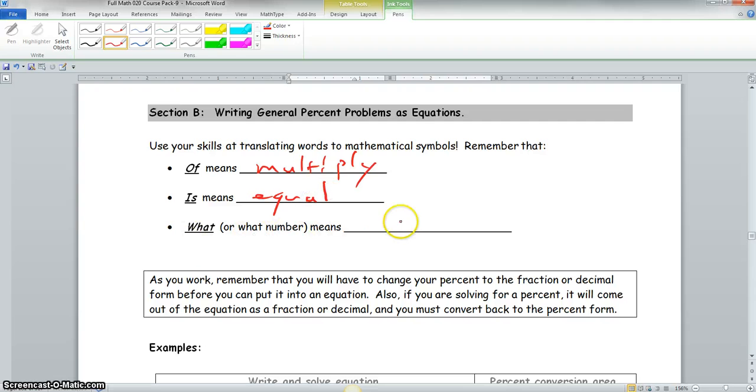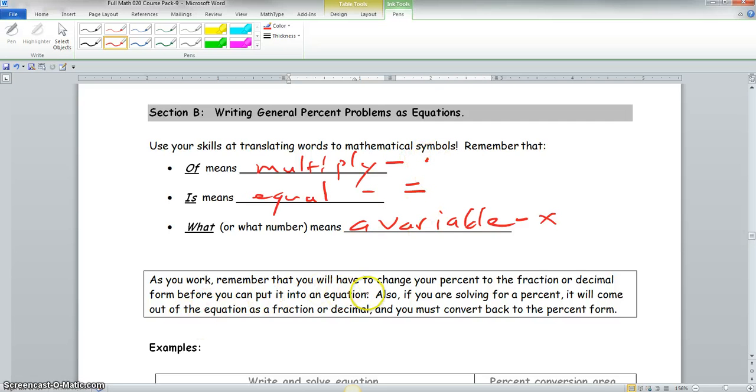What or what number means a variable. Now just to write them out in symbols, we know typically we use the dot for multiplication here. The equal sign we know is equal, and the variable we would use X, Y, Z, or whatever. These are the signs here.